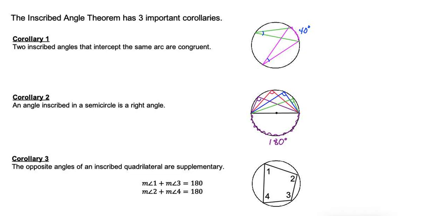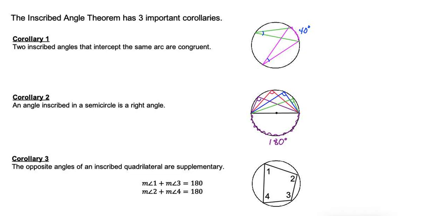And it says that the opposite angles are supplementary. 1 and 3 are opposite angles, so measure of angle 1 plus measure of angle 3 equals 180. 2 and 4 are opposite angles, so measure of angle 2 plus measure of angle 4 is 180. Now, that's pretty straightforward, but let's look at why that would be true.